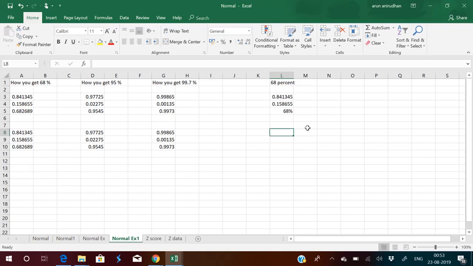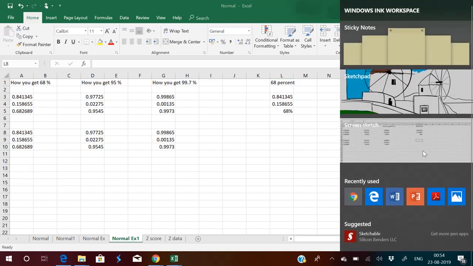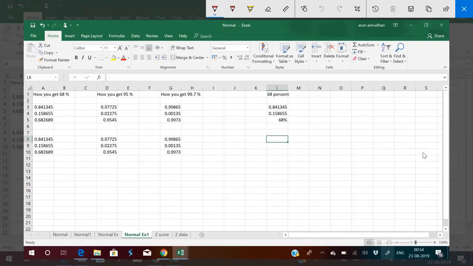So what is 68% now? 68% is coming by, suppose you draw the normal distribution in terms of z. This is mean, it lies between one standard deviation to the right and one standard deviation to the left. So this area is having 68%.